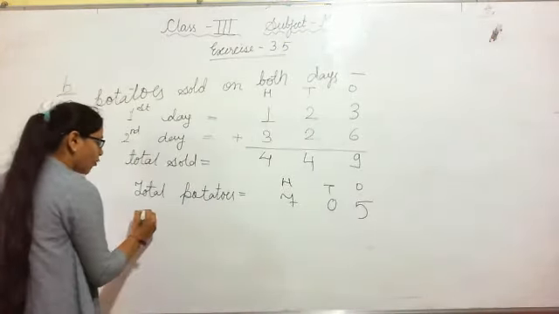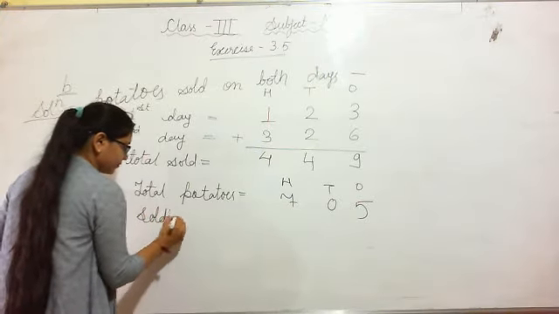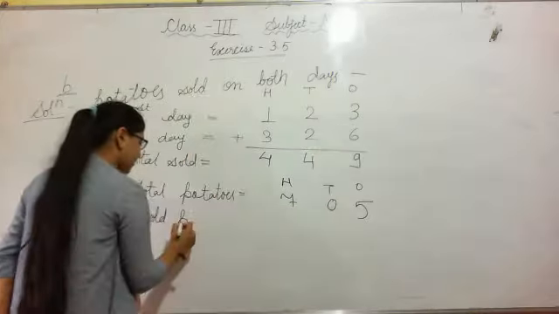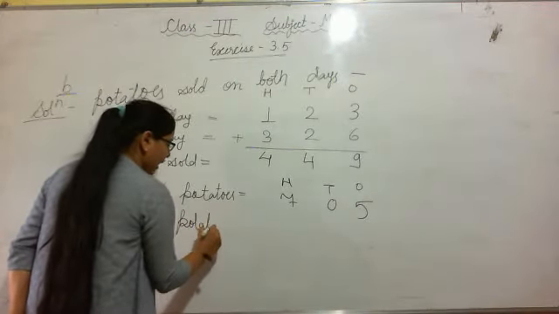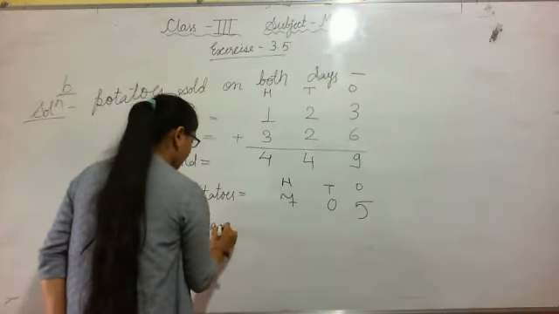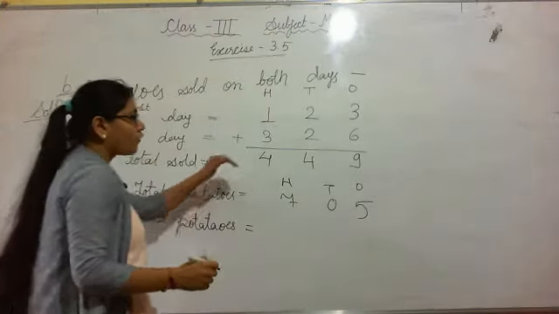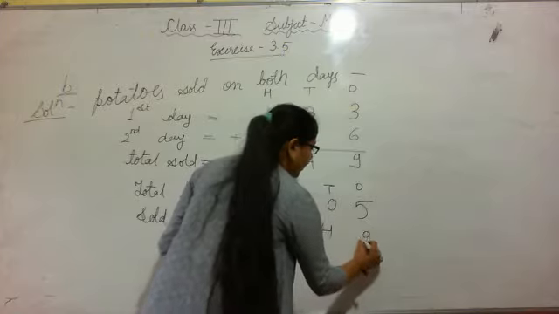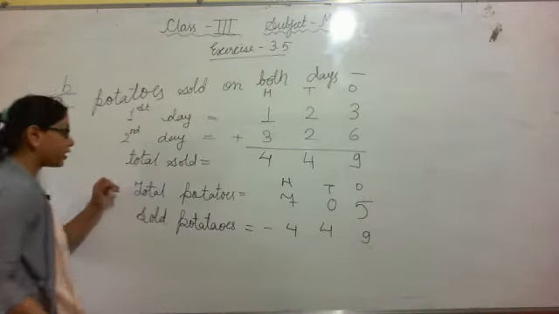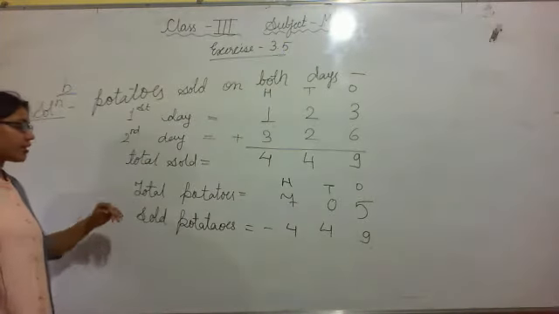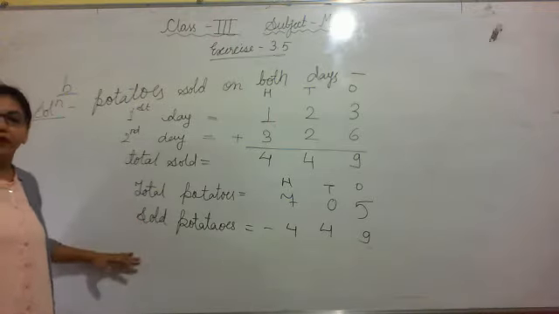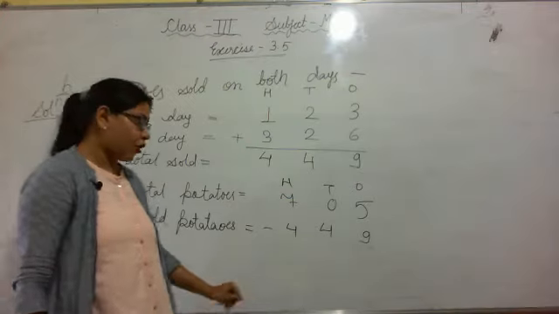How many sold out of them? We just found 449. If we subtract the sold potatoes from the total number of potatoes, then we will get the left number of potatoes.